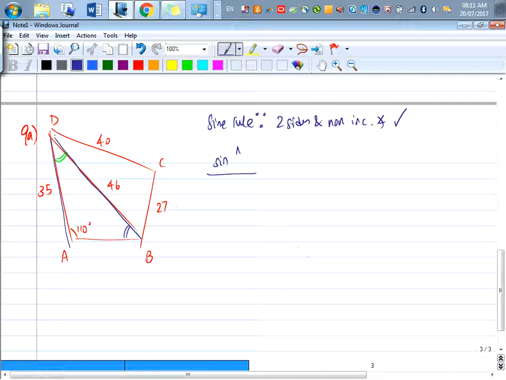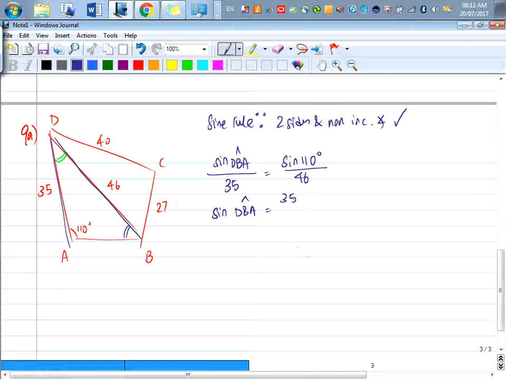So sine DBA over 35 equals sine 110 degrees over 46. Okay, so now we can find out what sine DBA is.